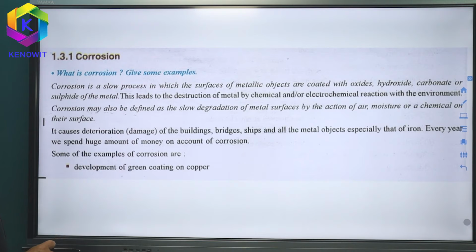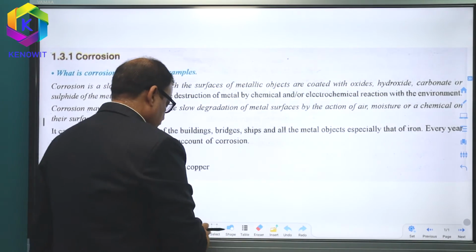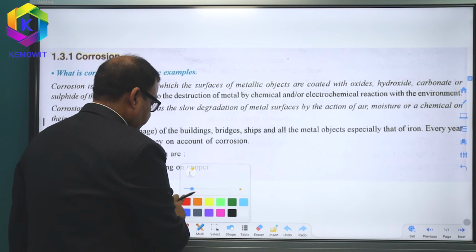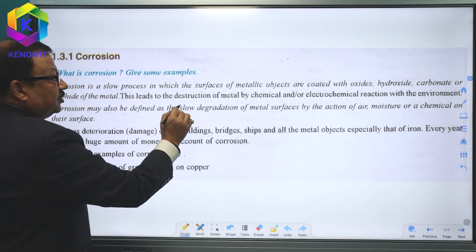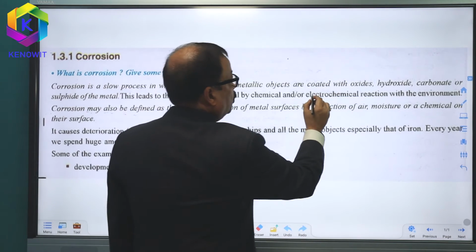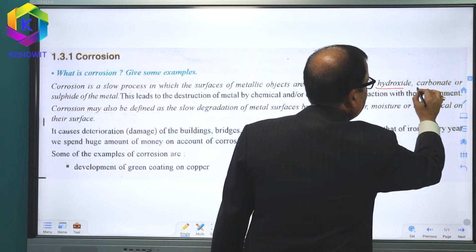Then corrosion. This is a very important topic. Corrosion is a slow process in which the surface of metallic objects is coated with oxides, hydroxides, carbonates or sulfides. So the most important portion is what type of compounds are formed due to corrosion.